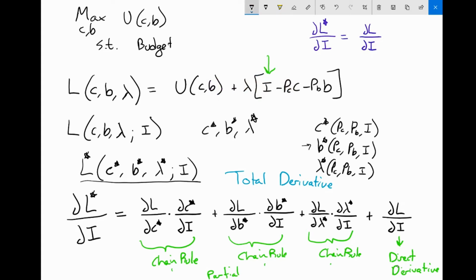So if I want to know how income affects this optimal utility, I don't actually have to do this whole monstrous total derivative.